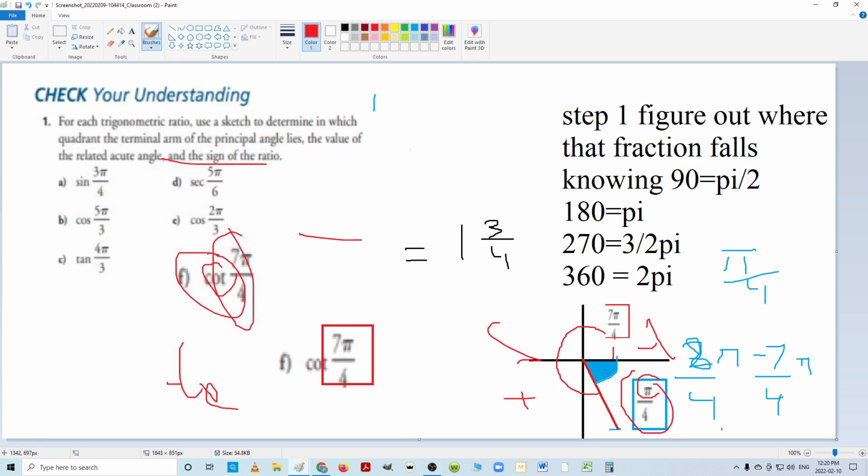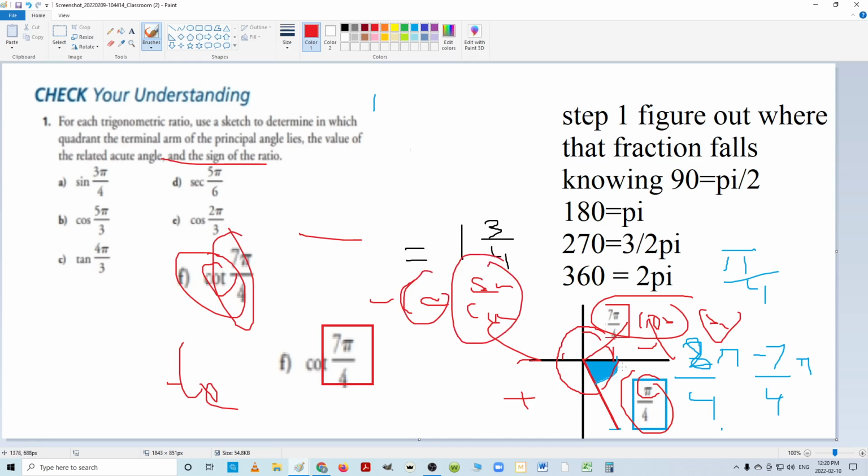By the way, pi over 4 is 45 degrees. And for 45 degrees, it's the only time cos and sine have the same value. And since tangent is equal to sine divided by cos, and they have the same cos and sine values, it will always be a tangent of 1 or negative 1, depending which quadrant you're in.